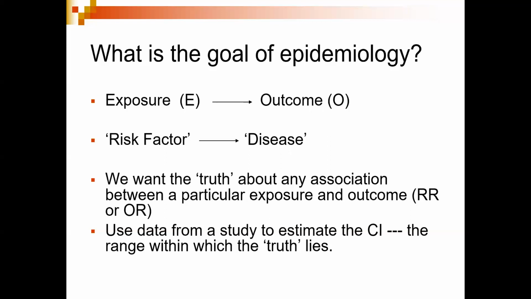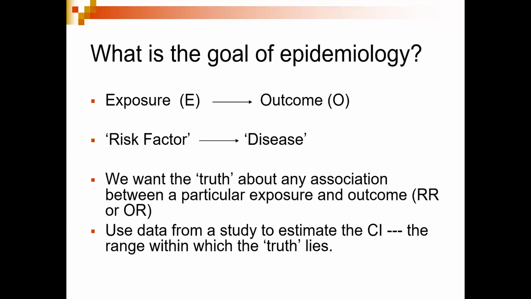So we want to get this true picture of whatever is happening, and it then depends on what measure of association we are measuring. If you are assessing relative risk, we want to get the correct relative risk. If it's for case control studies, we want to get the correct odds ratio.